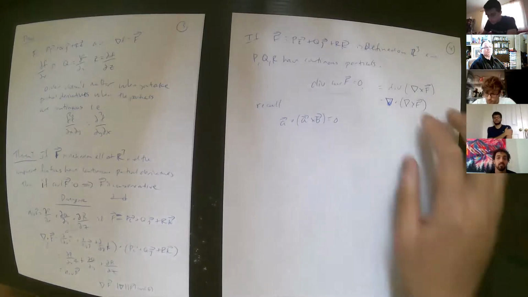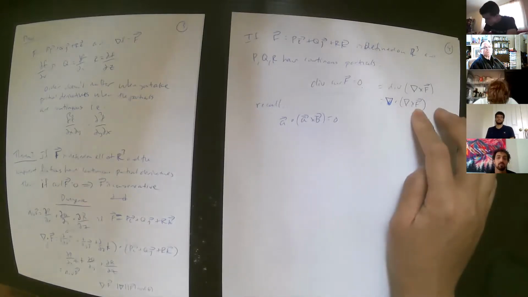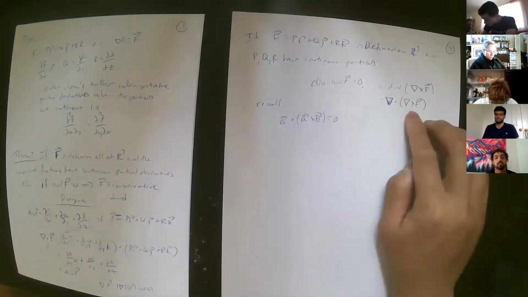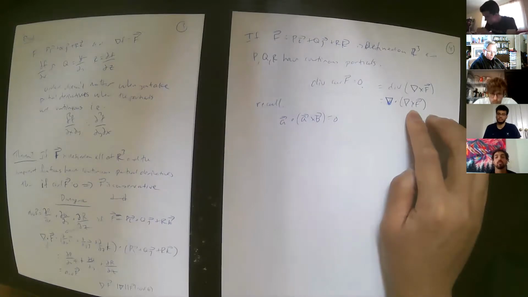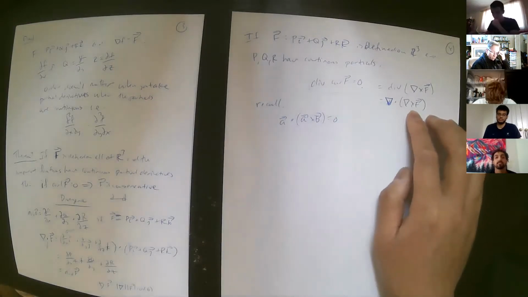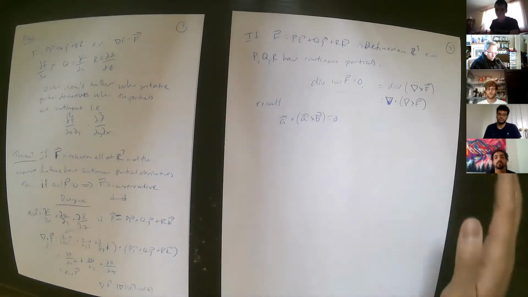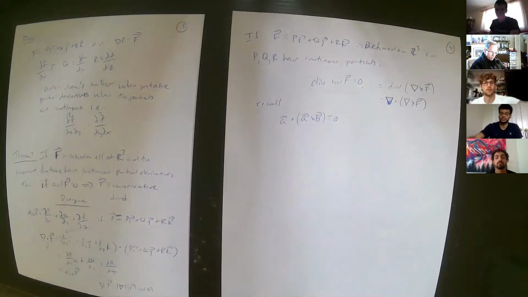We don't know if f is a conservative vector field or not, right? We have no idea if f is the gradient of something else. If f is the gradient of something else, this is already 0, so we're done. Right? So we don't really have an f to talk about yet. If we did have an f, this would be clearly 0. The curl of a conservative field is 0. Gotcha. Okay.